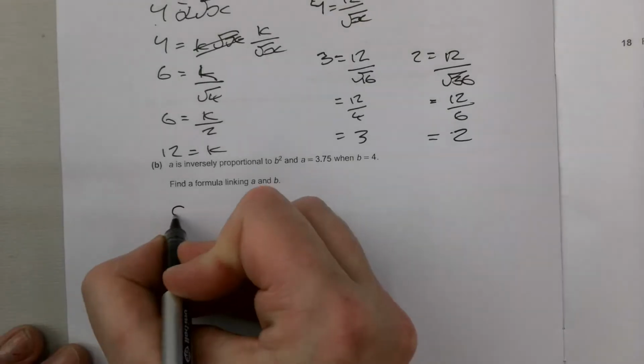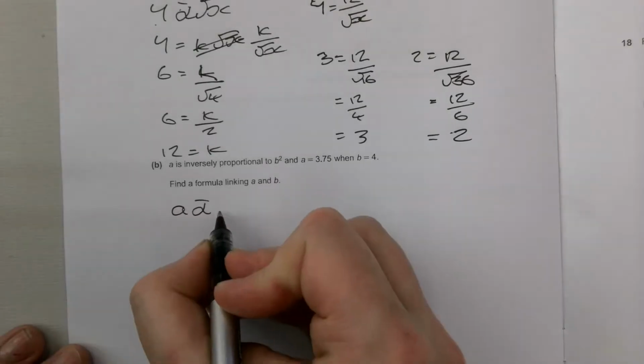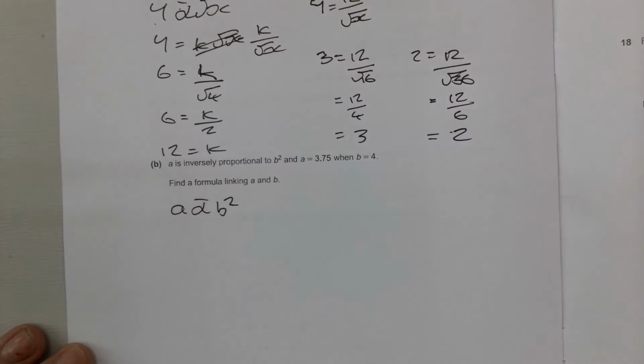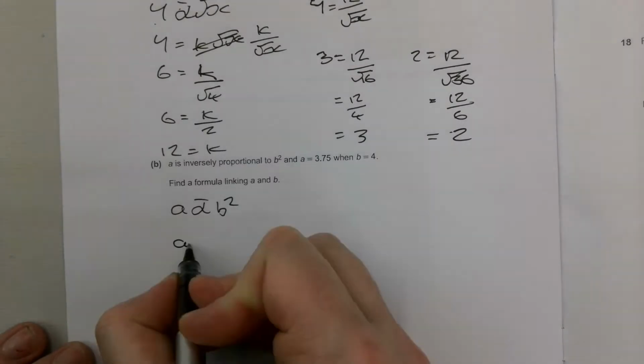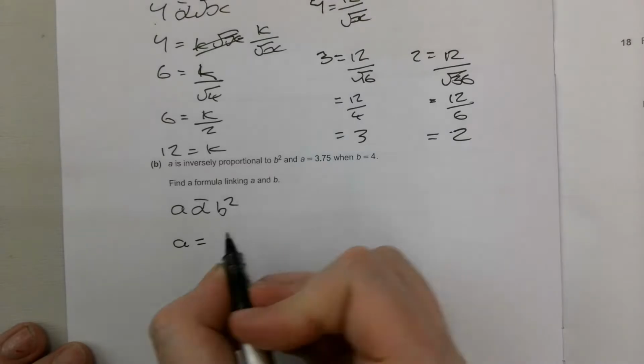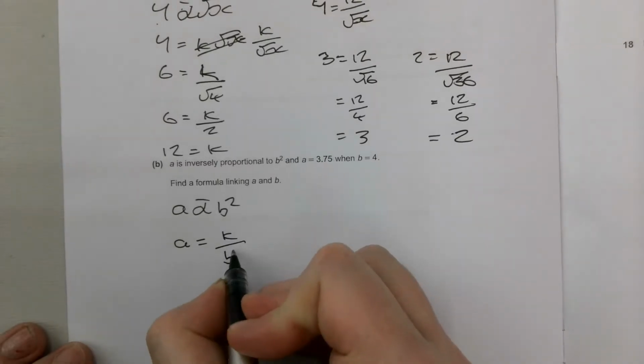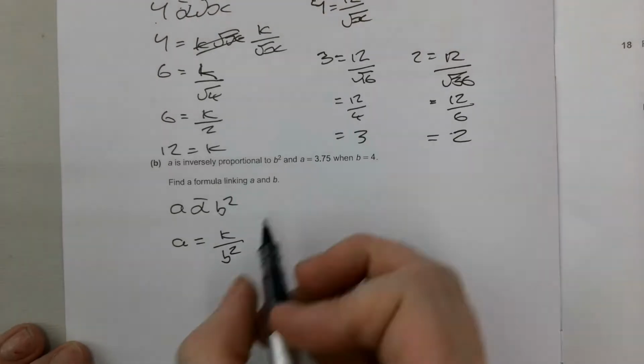Next part, A is inversely proportional to B squared. When A is 3.75 and B is 4, find a formula linking A and B. So we're going to have to work out what k is again, and this time that's as far as we're going to need to go. So y equals k over b squared.